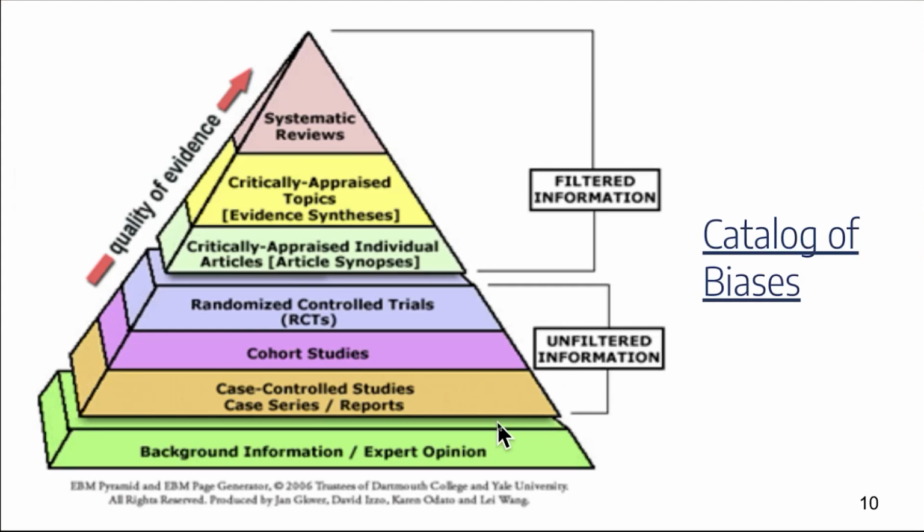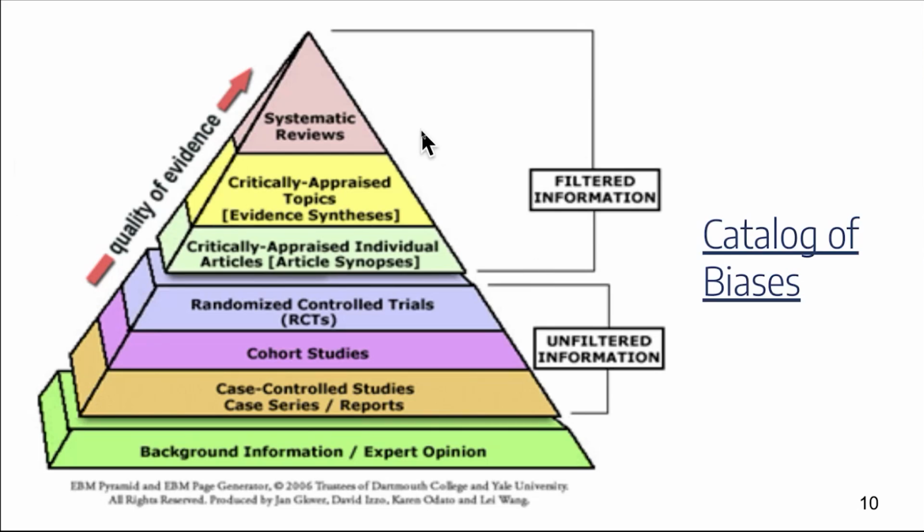As you move up the pyramid, you will have less of that specific type of evidence, partly because it can take a lot more work to do. It's very easy for me to give an expert opinion. It is a little bit more complicated for me to run an RCT. The other difference is between unfiltered information, which is often thought of as the primary literature, versus filtered information.